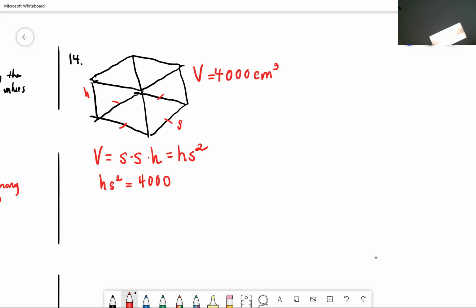But we also know that it says, find the length of the side of the base when the amount of material used to make the box is as small as possible. I'm thinking that's surface area.